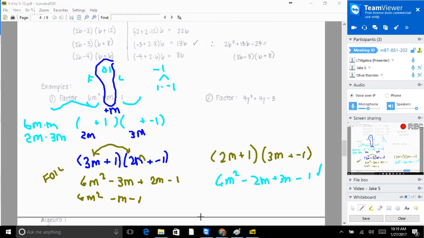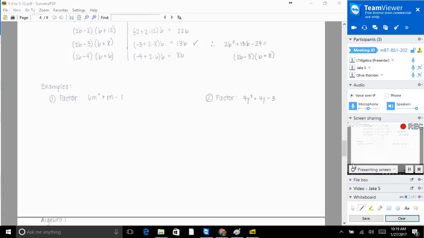Okay. I was telling Jake that it's basically the same thing we've been doing, so we're factoring, right? Except that now we have a number out in front of our first term, so it makes it a little bit more tricky.